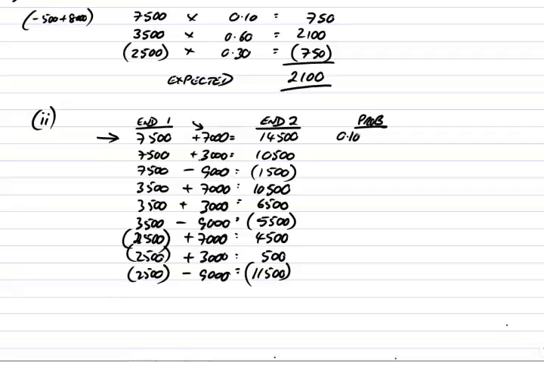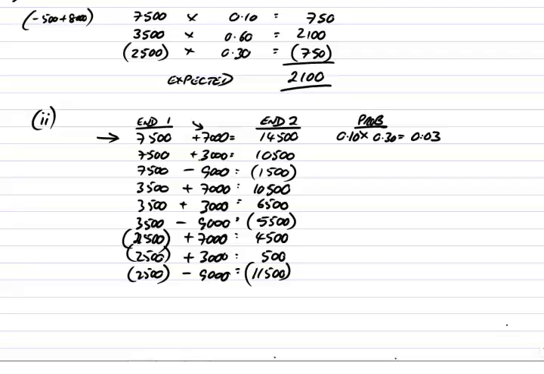In the second period, to get 7,000, the probability is 0.3. So 10% of the time we've got 7.5 in the first period. 30% of those 10% of the occasions we'll get 7,000 in the second. So in total, we multiply them together.